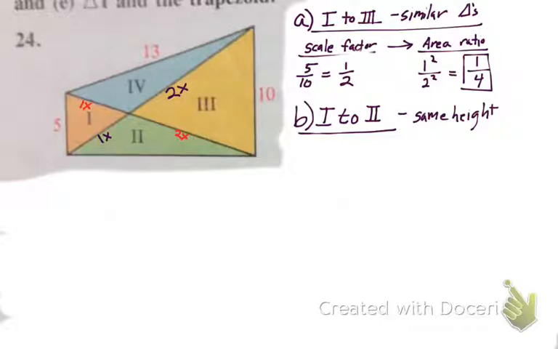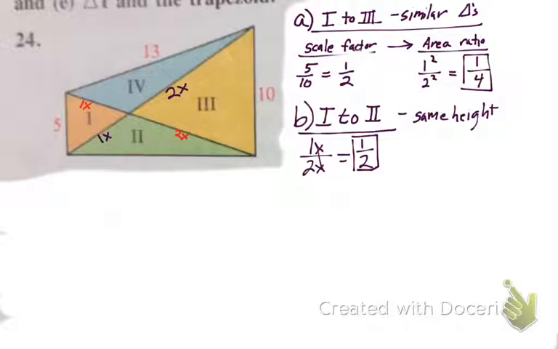So the ratio between the two is this base ratio, which is 1 over 2. So we can write it as 1x to 2x, but it's much easier just to write it as 1 to 2. Does that make sense?